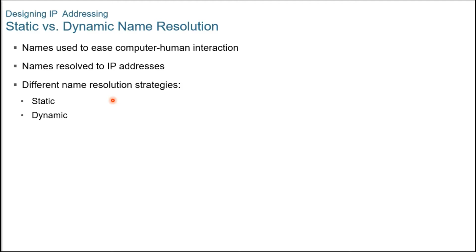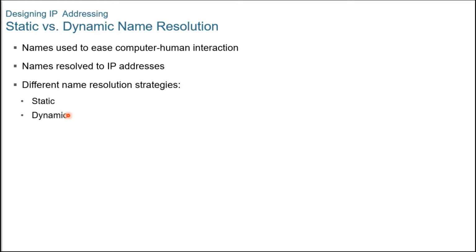The network administrator manually defines name to IP address resolutions by entering the name and IP address pairs into the local database or the host file using either a graphical or text interface. Manual entries create additional work for the administrator. They must be entered on every host and are prone to errors and omissions. That's a problem with static.